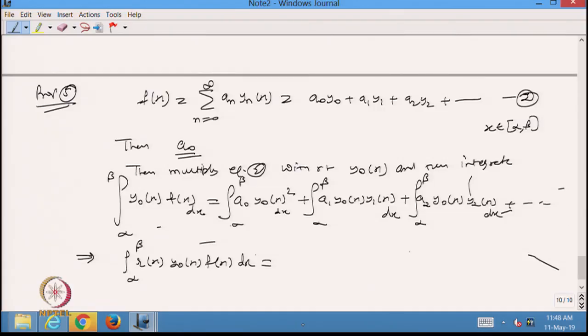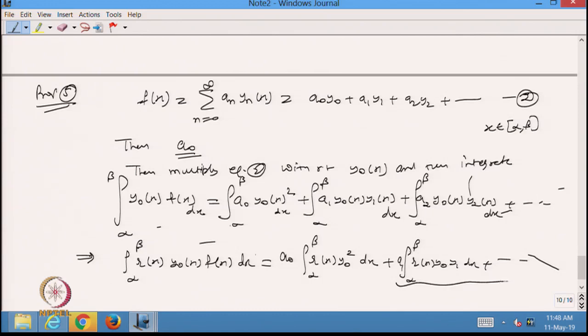But now what I am doing, like we have multiplied the y0 x, I am multiplying by Rx into y0 x. So, then it becomes a naught, alpha to beta Rx y0 square dx plus alpha to beta a1, I am just taking outside, Rx y0 y1 dx and so on.